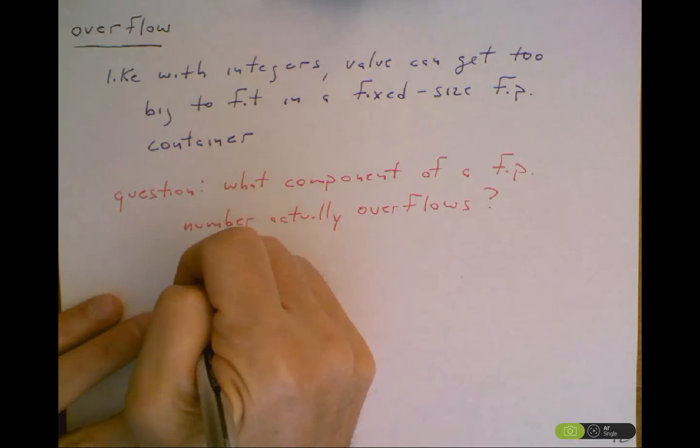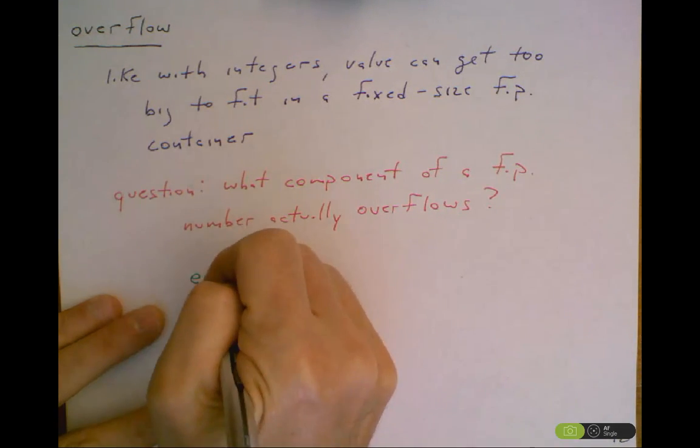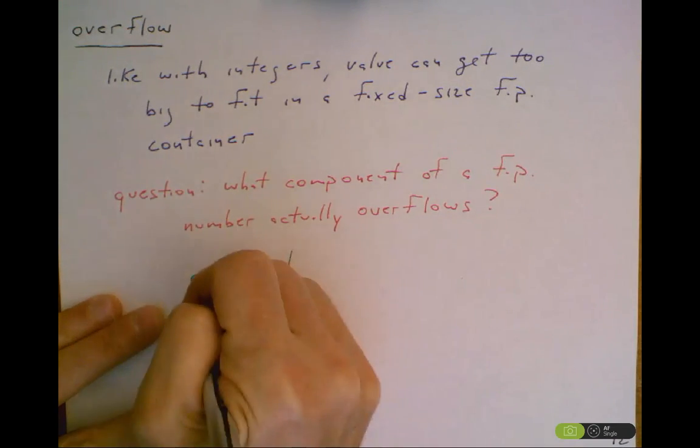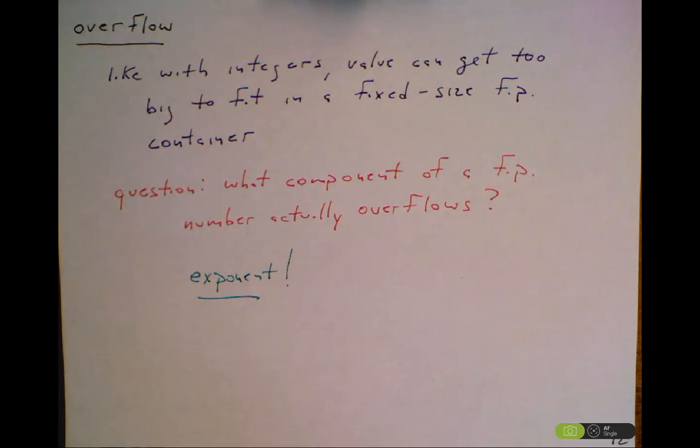Well, I hope you realized it was the exponent, right? If I only have 8 bits in a single precision IEEE floating point number, and the number gets too big, what actually happens is it overflows the exponent. The significand is just carrying the digits of accuracy. So when a number overflows, it's the exponent that is the limit.